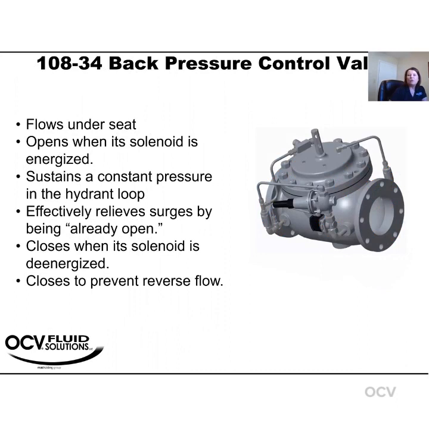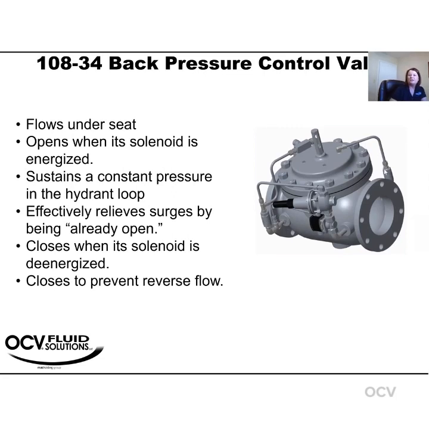Next up is our 10834, our back pressure control valve. This valve is going to maintain and sustain a constant pressure in your hydrant loop or in your system, and it's an open valve. It's controlling your pressure with this pilot, as well as a solenoid, and we also have check function on here as well.